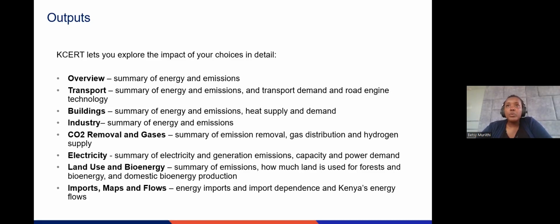Under industry, we focused on three major industries in Kenya: tea and sugar, the steel industry, so that's the iron and non-ferrous, and cement. So looking at what is used for heat, or for energy, in those three industries, and what that implies in terms of their greenhouse gas emissions.